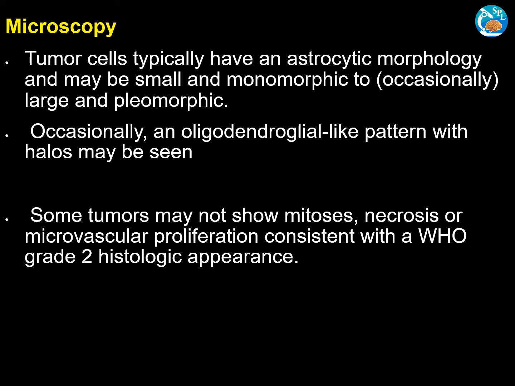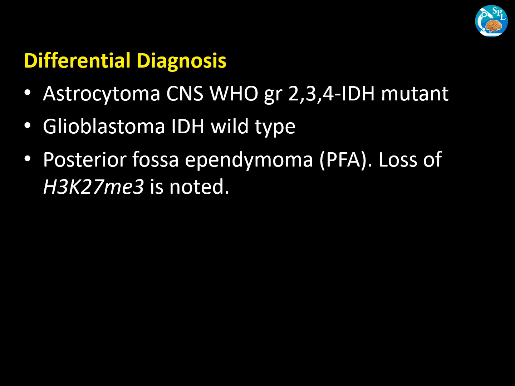But if a tumor is midline and in a child or young adult, it must be subjected to histone mutation study. The differential diagnosis is astrocytoma, CNS WHO grade 2, 3 and 4, which is IDH mutant, glioblastoma IDH wild type, and the posterior fossa ependymoma PFA.